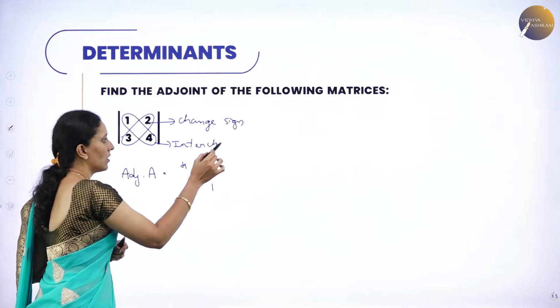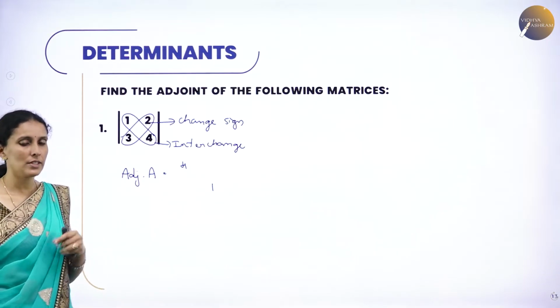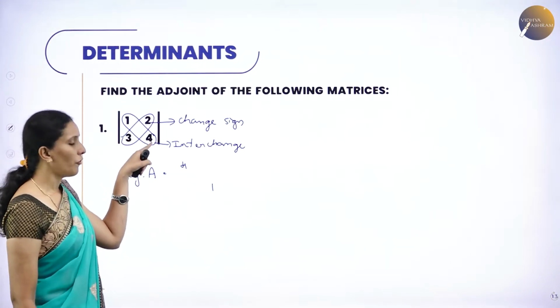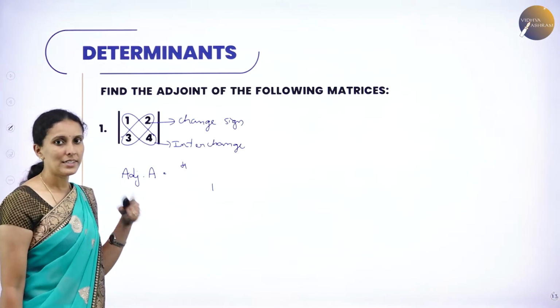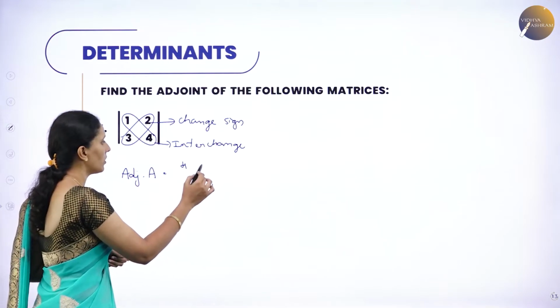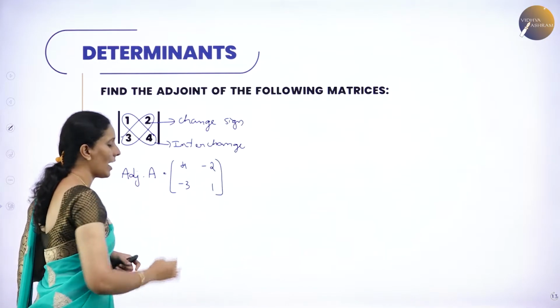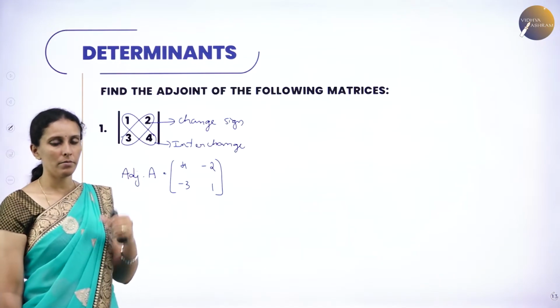This is the shortcut method to find the adjoint of 2 cross 2 matrices. The other way is to find the cofactors, write the cofactor matrix and take a transpose, which is one and the same. So here we write -2, -3. This is the adjoint matrix of the given matrix.